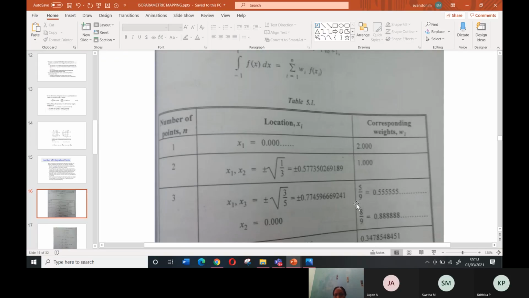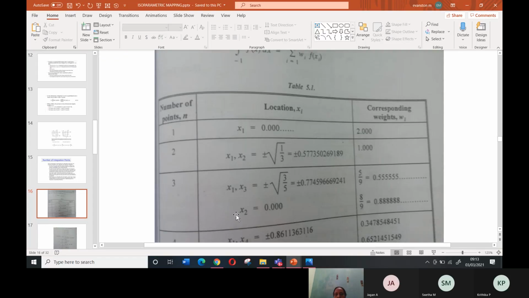The weighting function I'll give you in the question. If I ask you to find the 3-point Gaussian quadrature, I'll give you the values of x1, x2, x3 and the weights also. This is called w, the weight function. For x1 and x3, the weight coefficient is 5 by 9. For x2, the weight coefficient is 8 by 9.